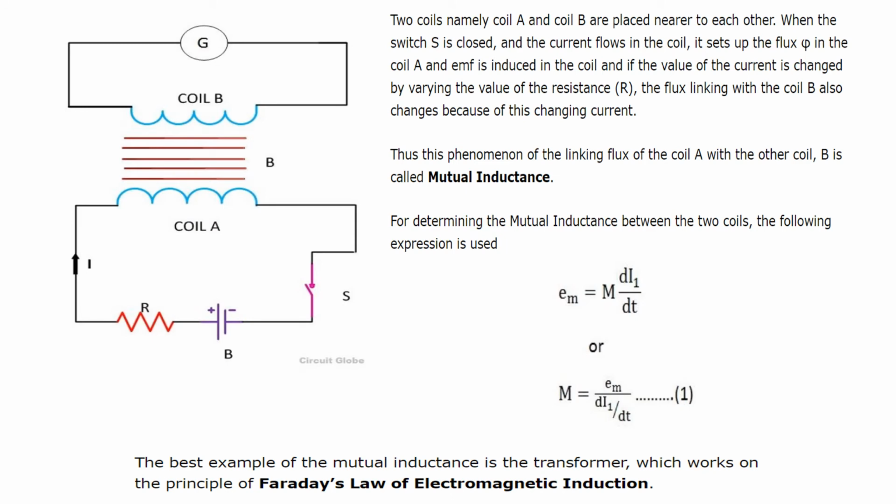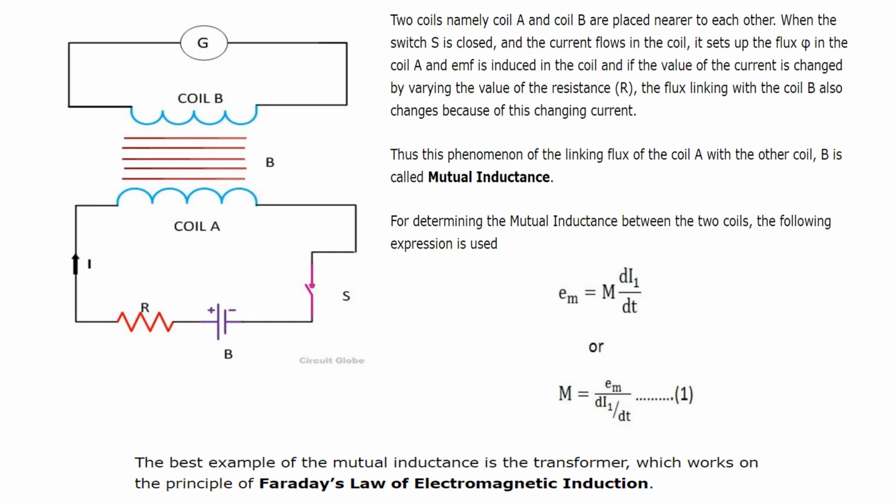Here I explain how it works. Two coils, namely coil A and coil B, are placed near each other, as shown in this adjacent figure. When the switch S is closed and the current flows in the coil, it sets up the flux phi in coil A, and EMF is induced in the coil.